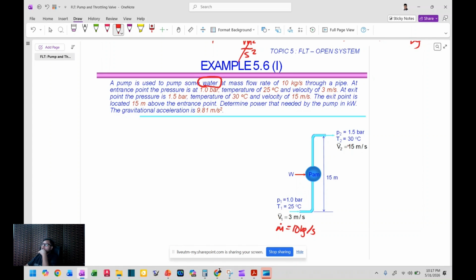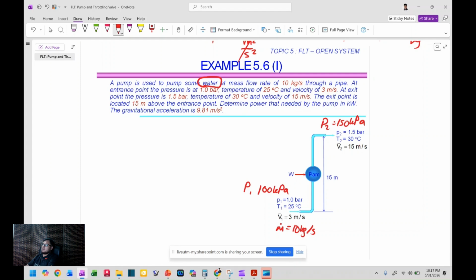At the entrance point, the pressure is 1 bar, which is 100 kilopascals, so let's convert this right away. P1 is 100 kilopascals, temperature is 25 degrees Celsius, and velocity is 3 meters per second. All information is there. At the exit point, the pressure is 1.5 bar, which is 150 kilopascals.